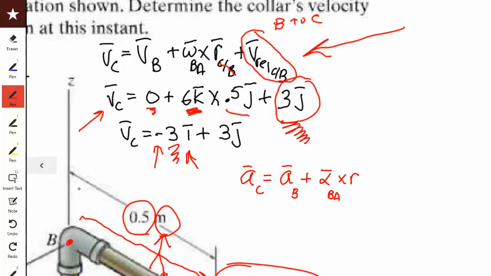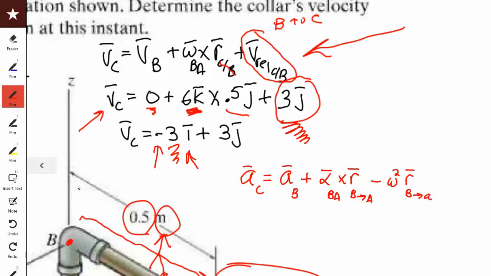It's going to be exactly the same r as it was before. So I'm going to use this notation. It's going to go from B to A. And then in two-dimensional problems, it's always omega squared r. It's the same r that we used before, so it's going to go from B to A.